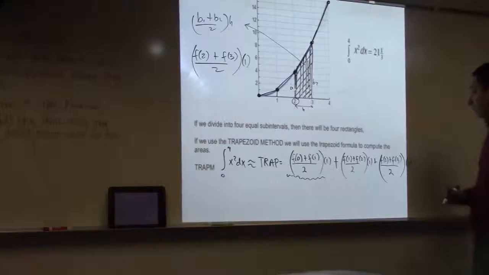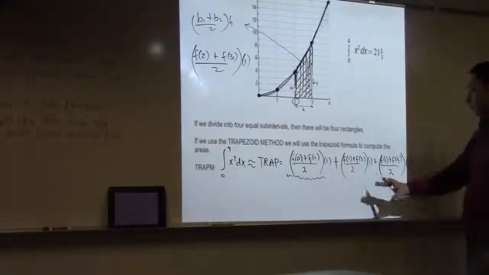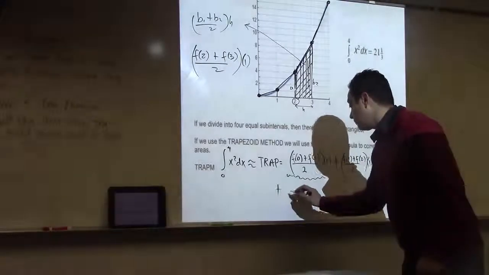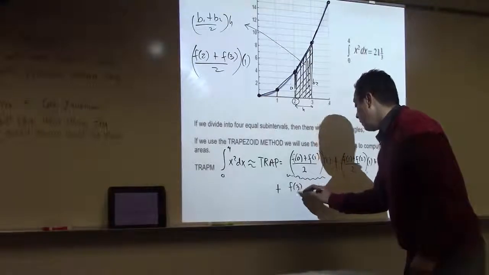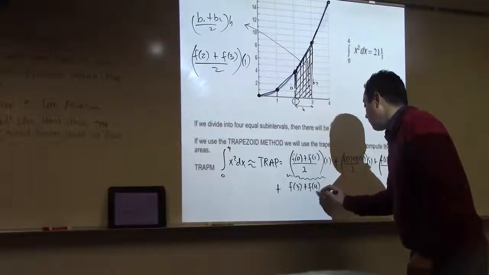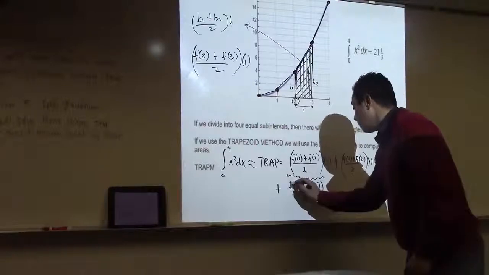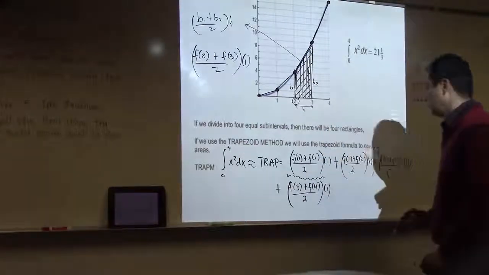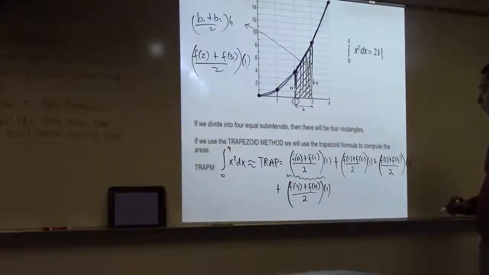Okay? I still need one more. I'm going to put this right here on the bottom. Plus F of 3 plus F of 4, cut it in half times 1. Okay? And that is your setup.